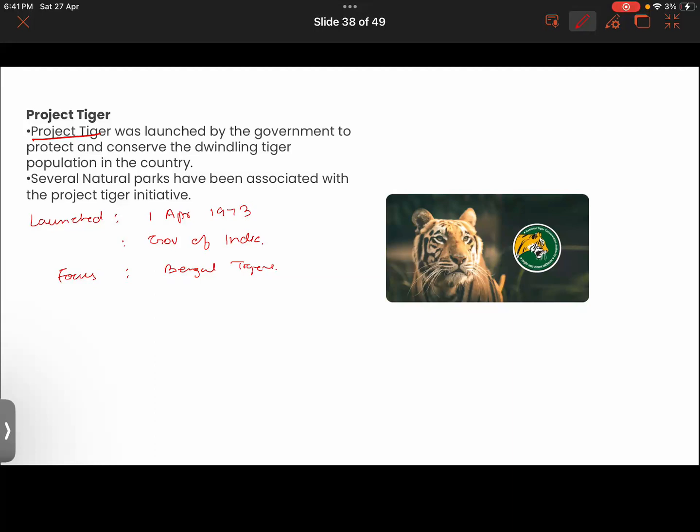No, you would be protecting them in the national parks, the biosphere reserves, or the wildlife sanctuaries. Talking about the goal, the goal here was to stop the decline of the population of the tiger. That's it.